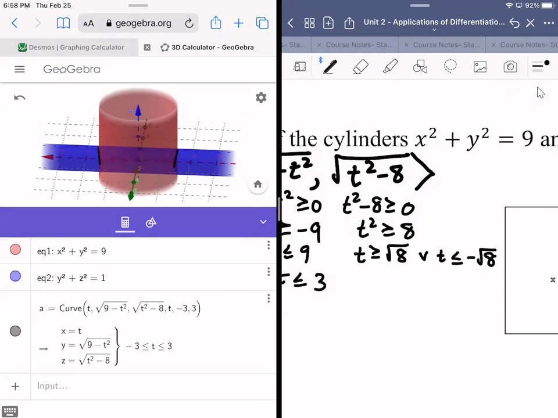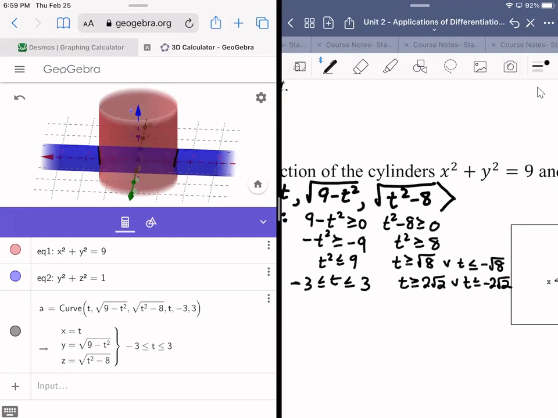All right, and I'm not 100% sure without a calculator what radical 8 is, but I do know that it's less than 3, more than 2. Right, so I'm looking at something that's got to be greater than or equal to 2 radical 2, or less than or equal to negative 2 radical 2. All right, so in terms of a restriction to my domain, I would be thinking in terms of a number line.